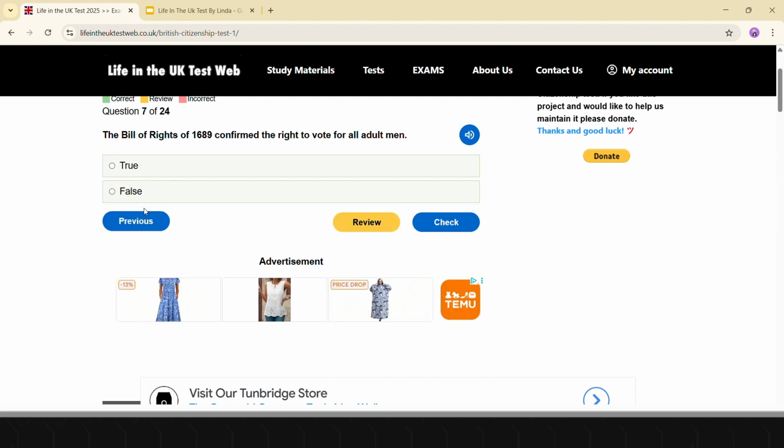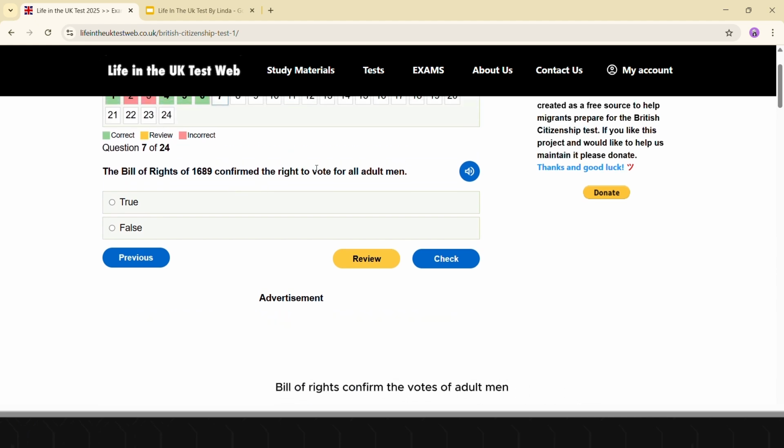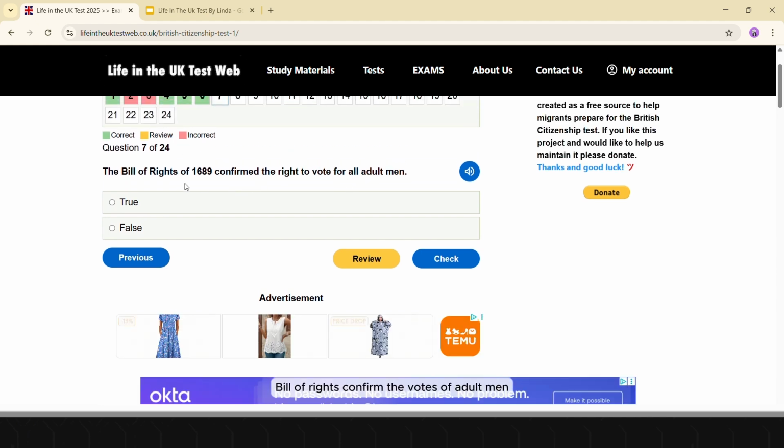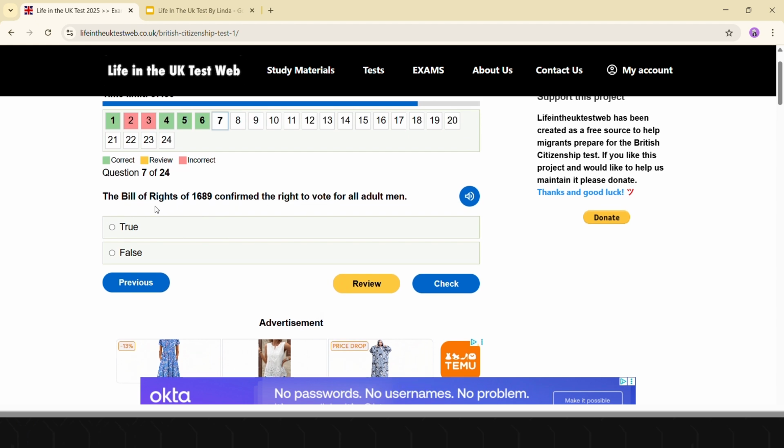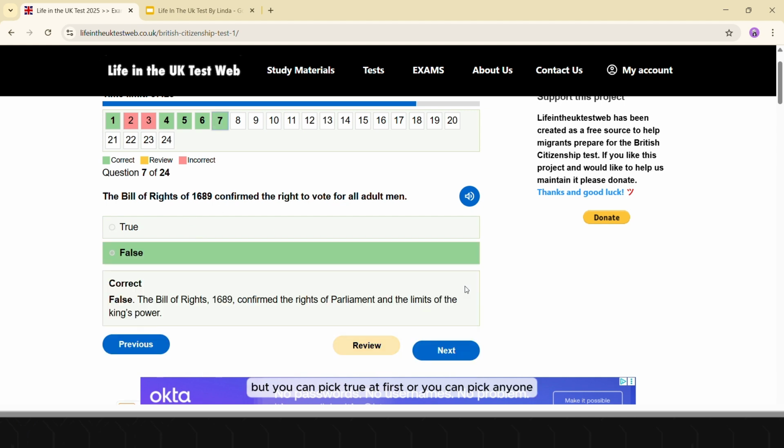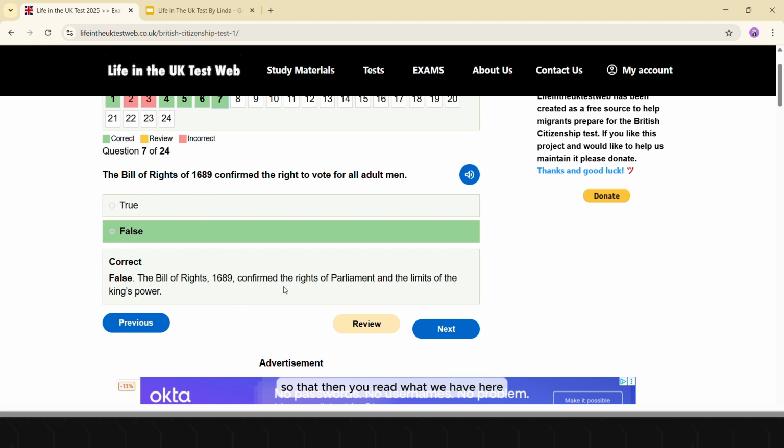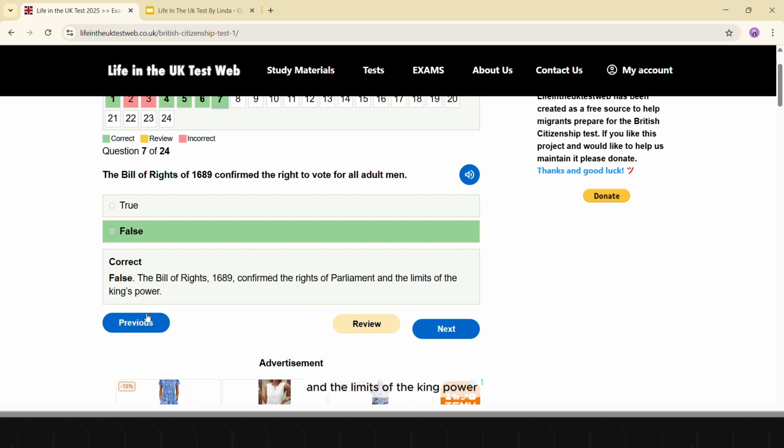Next, the Bill of Rights confirmed the votes of adult males. The answer to this is false. I think it confirms restriction of the king's powers. You can pick true or false, or pick anything, and then you read what we have here. It confirms the rights of Parliament and the limits of the king's power.